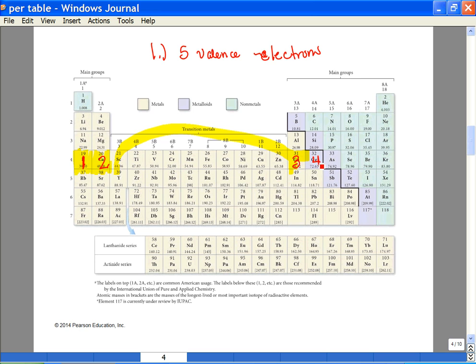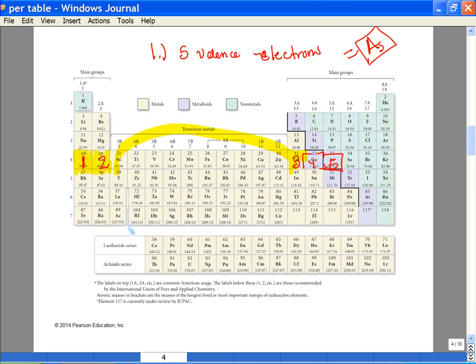And this is 5. It wanted 5 and it was 4. Okay, so corresponding to 5 valence electrons on row 4.